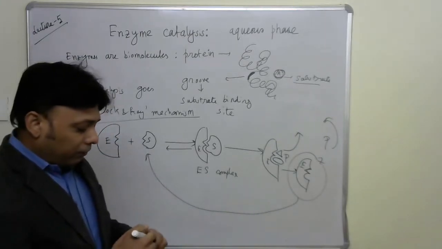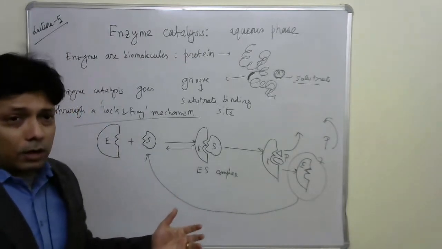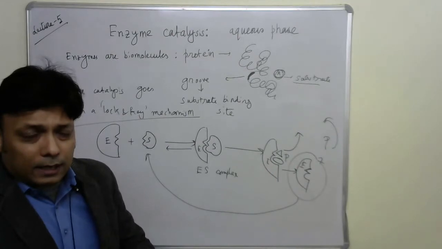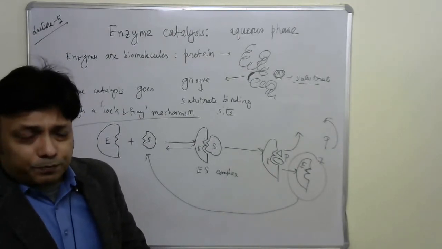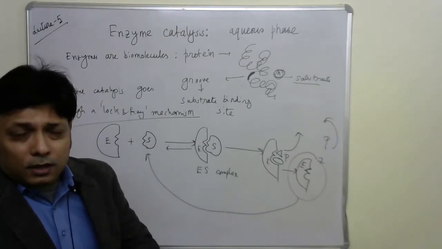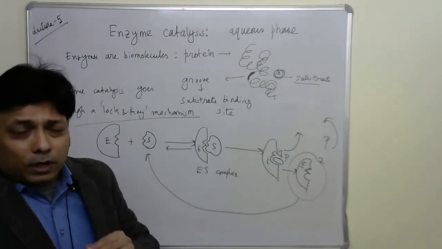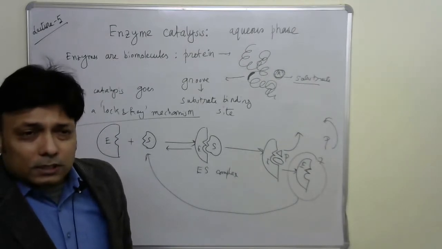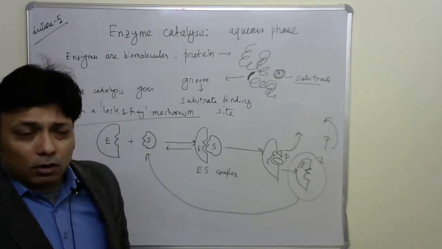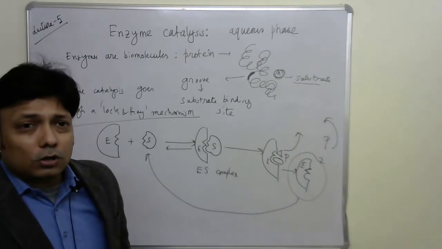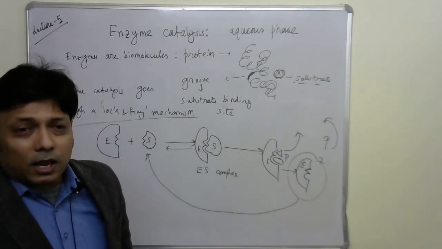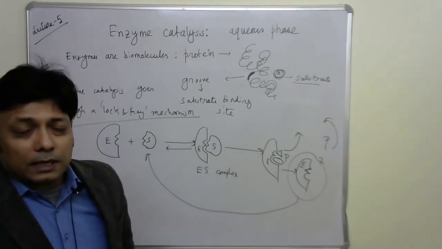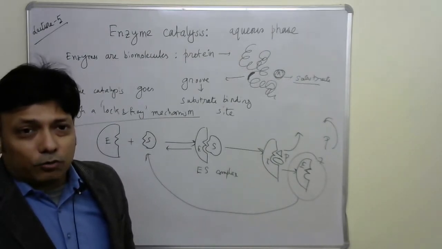And in human life, as I have told before, the catalytic role of the enzyme is undeniable. It means we cannot survive without enzyme catalysis. From photosynthesis to DNA replication, or to the food that we digest, everywhere we require an enzymatically catalyzed reaction.